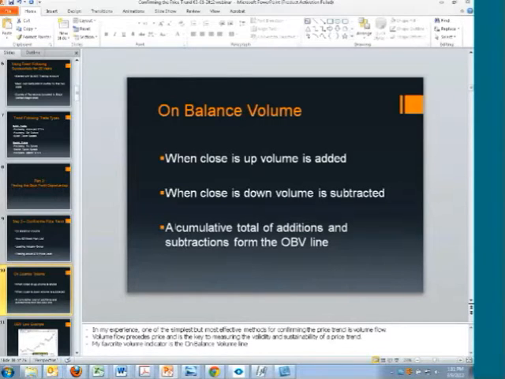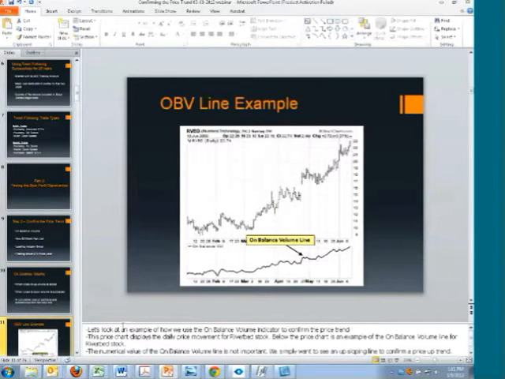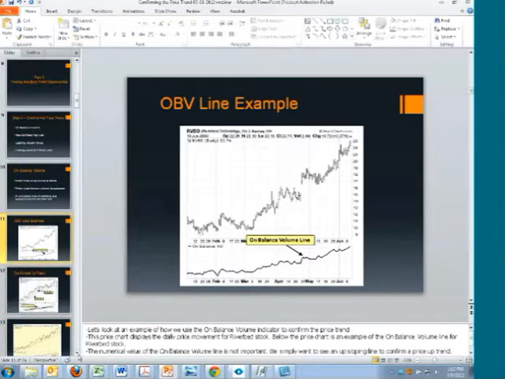And a cumulative total of these additions and subtractions form the OBV line. So when the OBV line is trending up, it indicates that the volume is confirming that price uptrend. And if the OBV line is trending down, then the volume is confirming a price downtrend. So we use it to confirm the price trend.